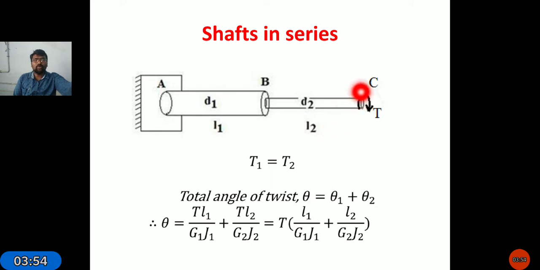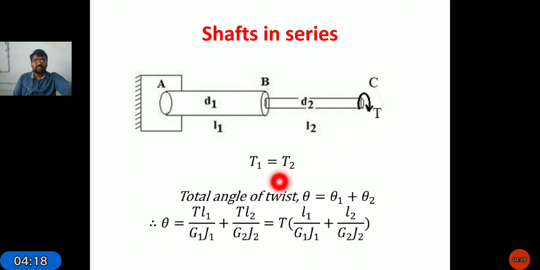Whatever the amount of torque applied at the free end, the same amount of torque will develop at B and A. But at A, it will be opposite in direction because it is a reaction. It will give some reaction to the applied force. So the torque developed in the first shaft is equal to the torque developed in the second shaft.